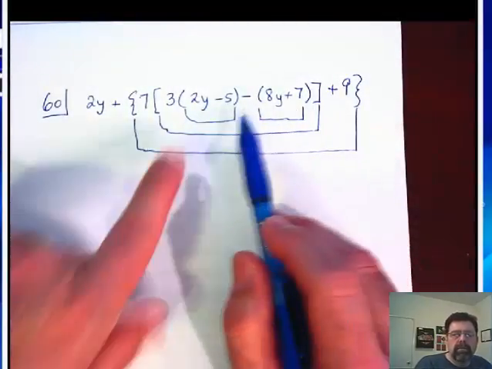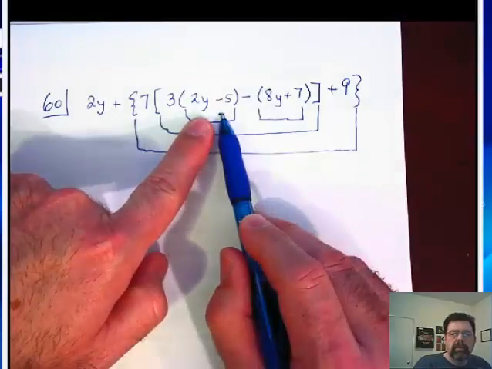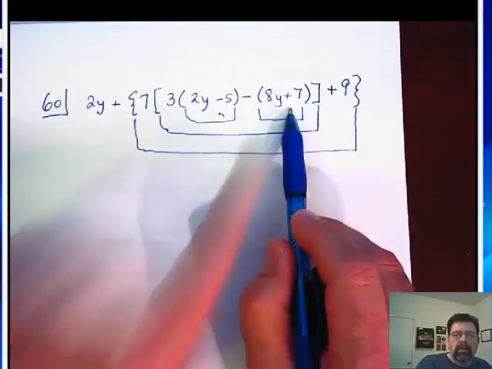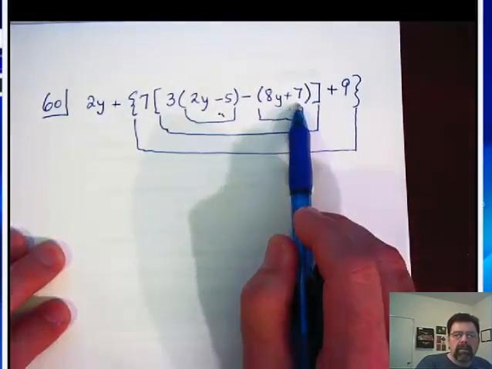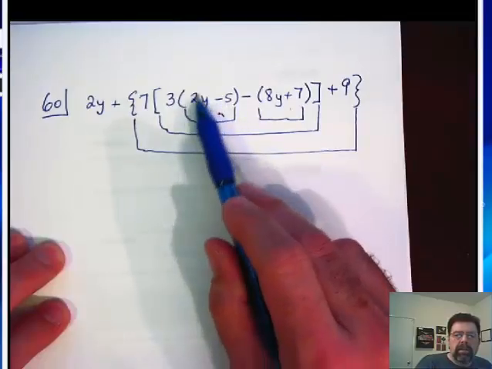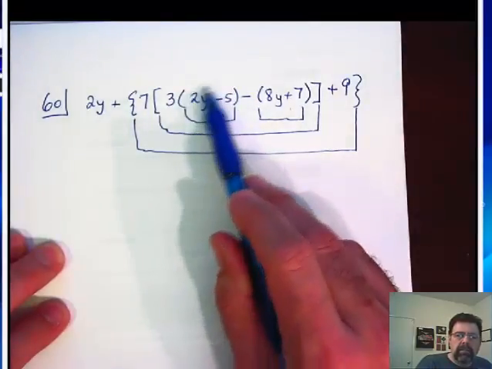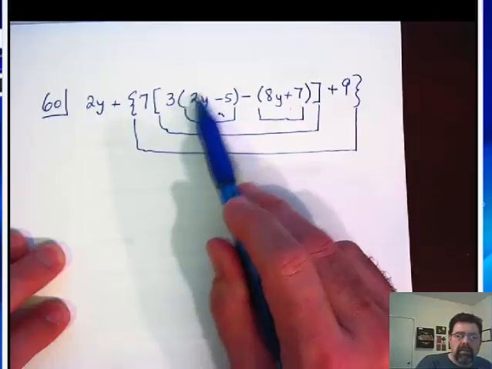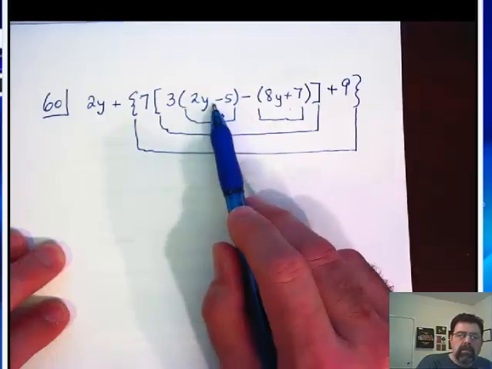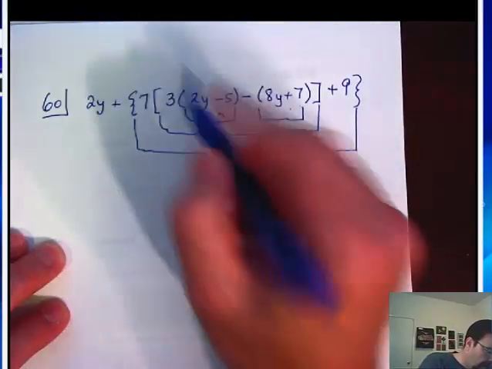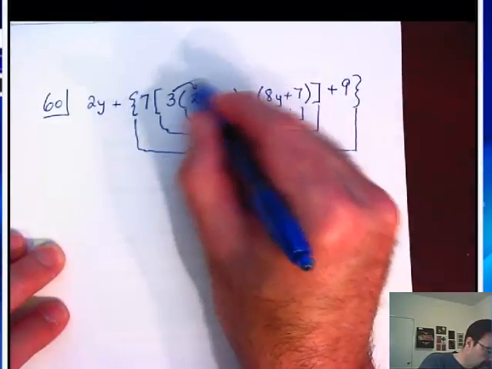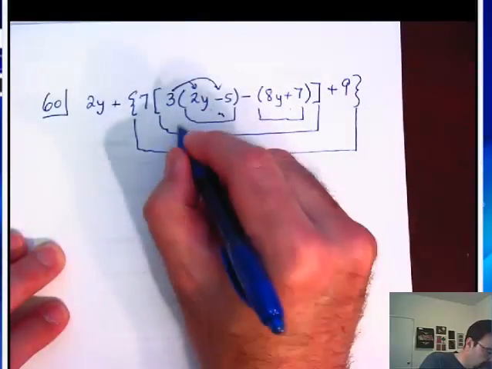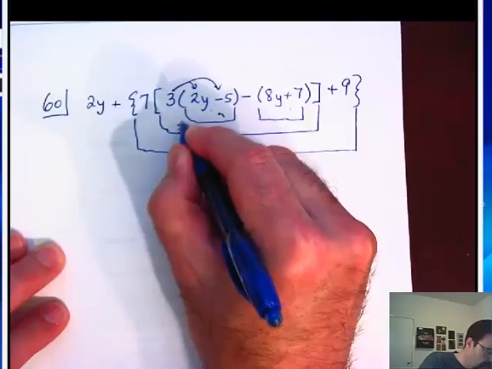And with parentheses, you always work inside out. So we're going to do the innermost ones first. So we're going to do this one first, and this one. You're going to do these separately. Now notice, again, by order of operations, you do inside the parentheses. Well, you can't do anything with this because they're not like terms. So the way around it is you distribute to get rid of those parentheses.